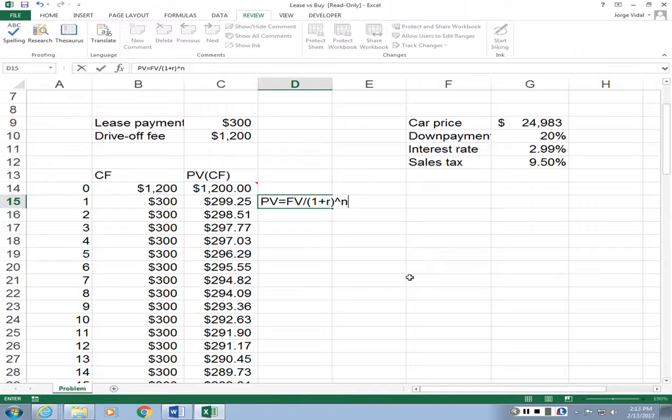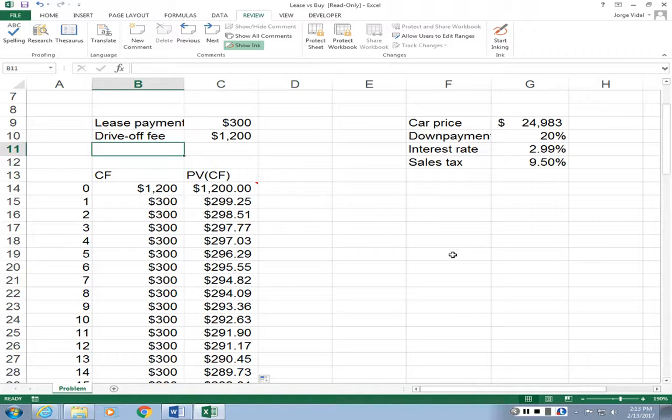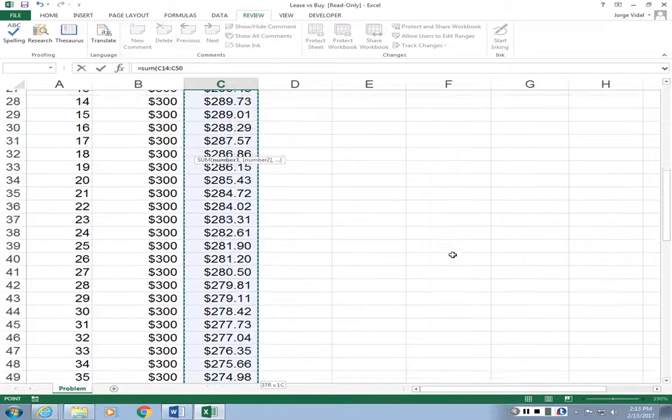Okay? All right? So now let's add up all of the present values. Let's call this one present value of lease. It will be equal to the sum of all of those present values.